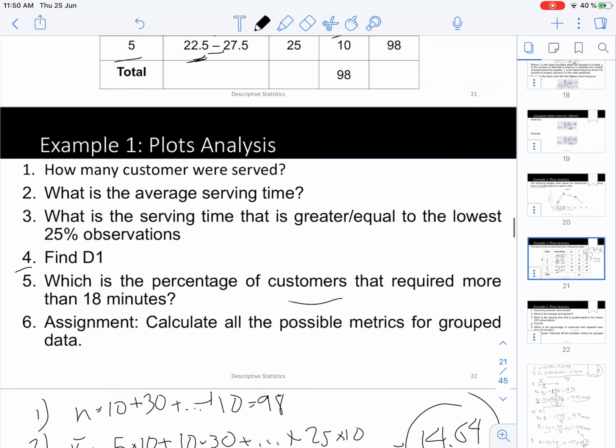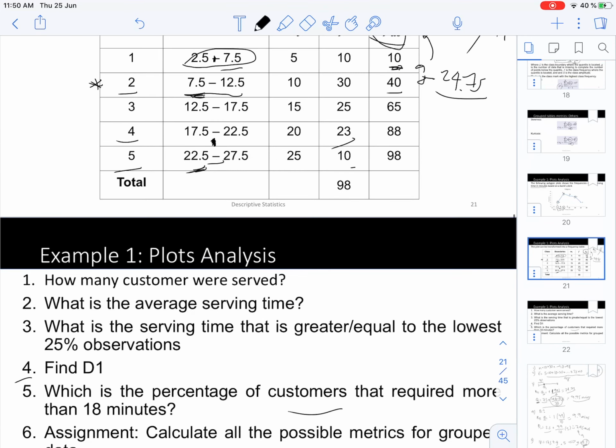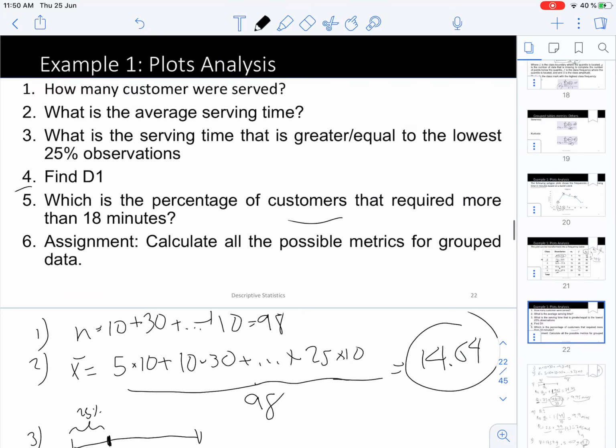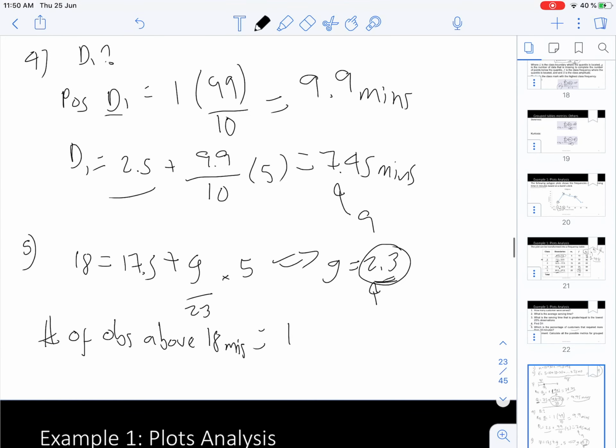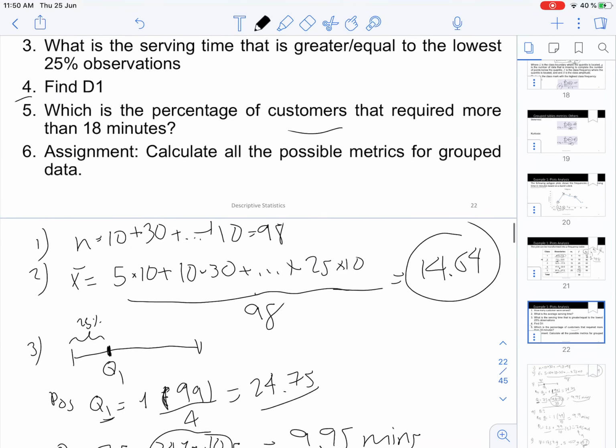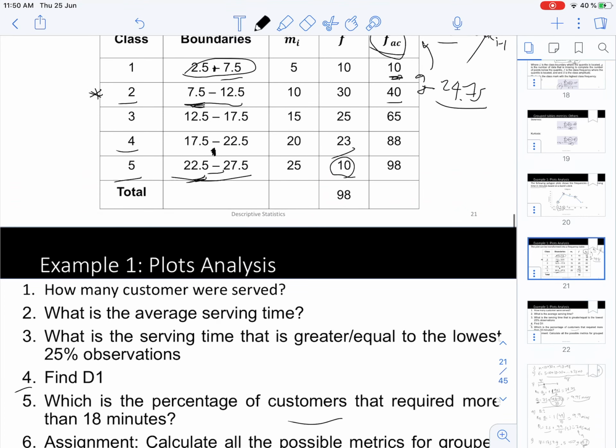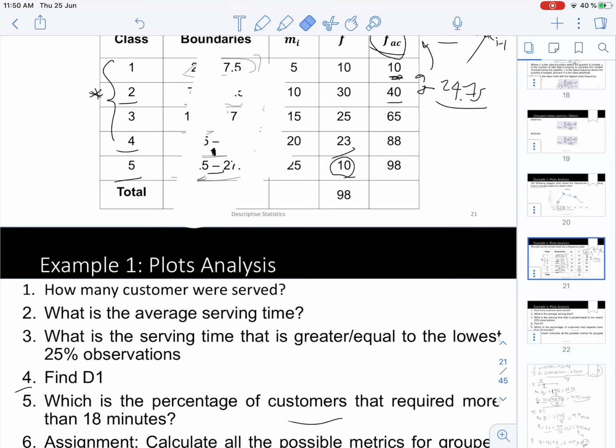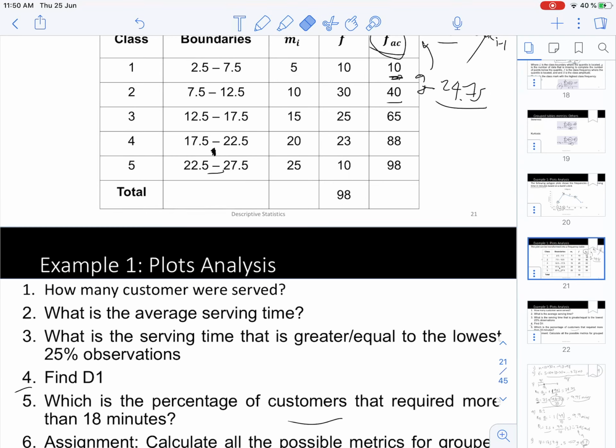That will be the observations that are located in the 5th class. So these 10 observations, all of them are above 18 minutes, right? That's 10, plus the observations that are above the 18 minutes in the 4th class. For the remaining 3 other classes, 1, 2, and 3, all of the observations are below the 18 minutes. So it doesn't make sense to include them in this analysis, right?